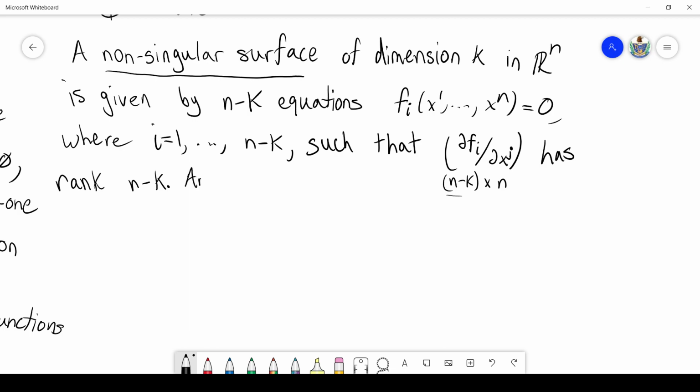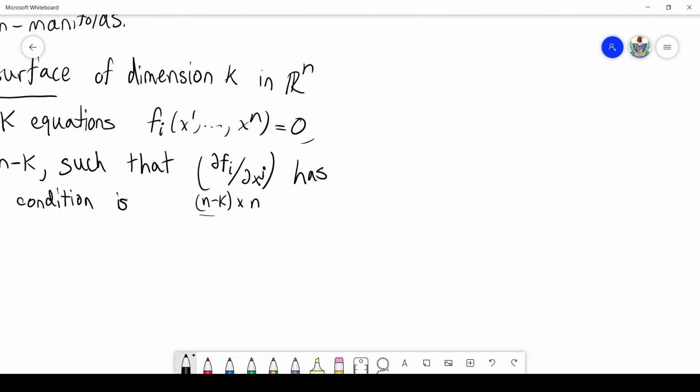So an equivalent condition is that, so imagine here we have this n minus k by n matrix.